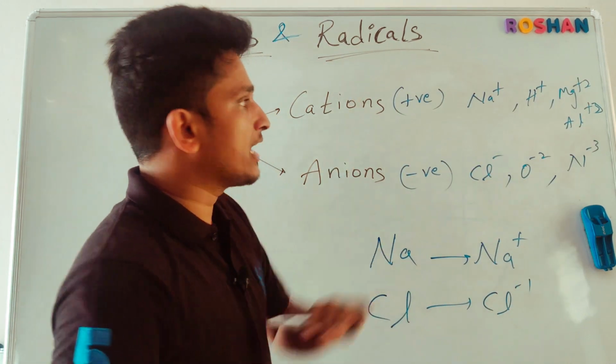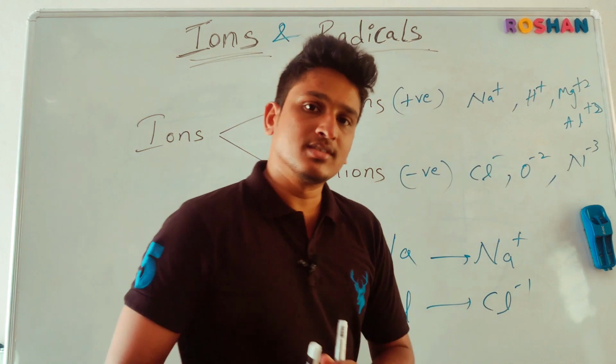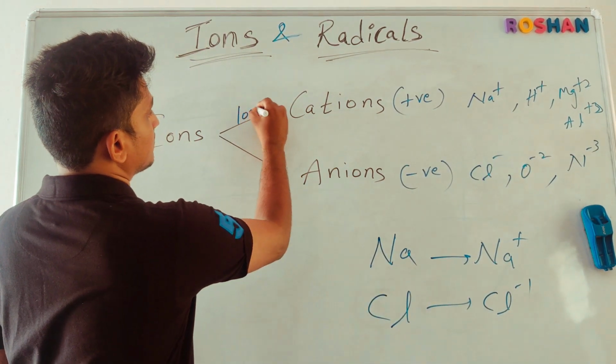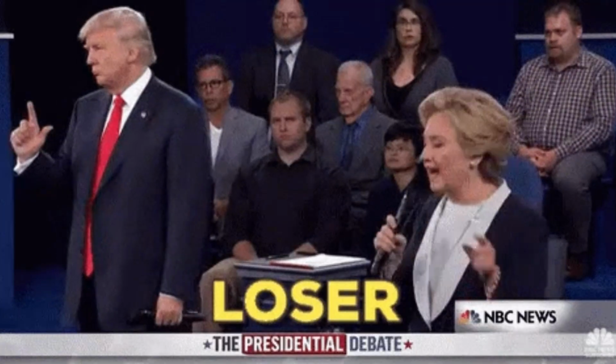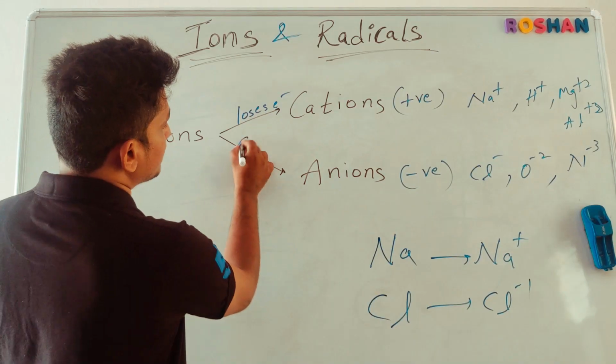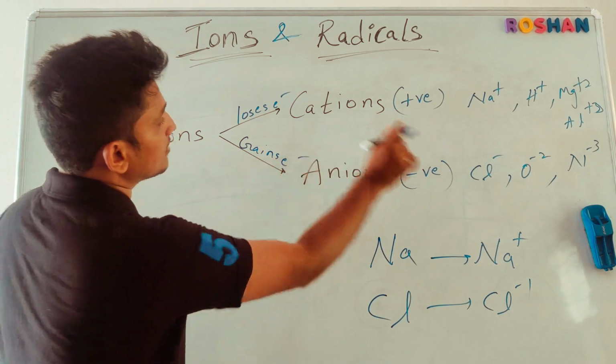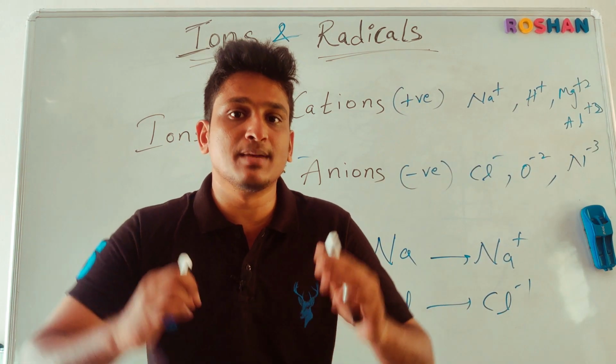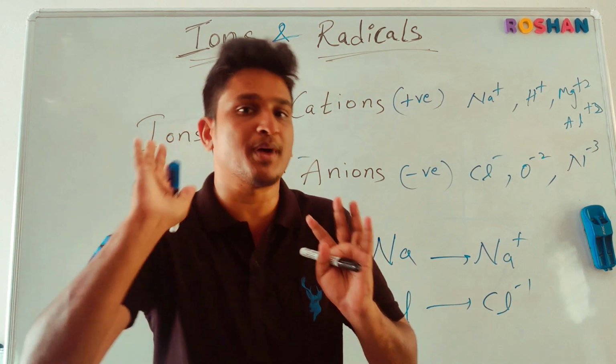Now, when will cations form and when will anions form? Atoms, students, when they lose electrons, form cations, and atoms, when they gain electrons, form anions. That means an atom, after losing electrons, becomes a positively charged particle.